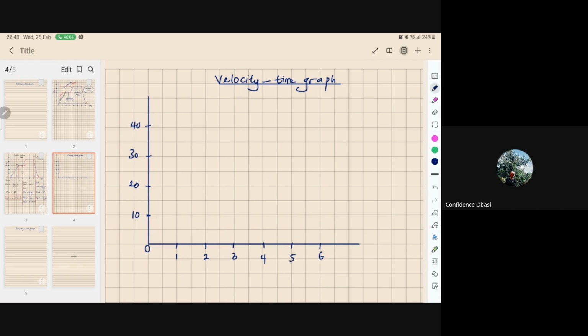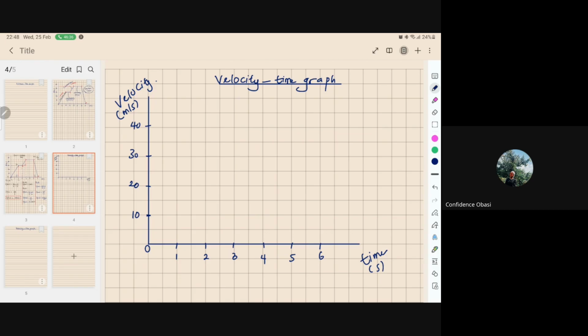Remember that for this one, you are plotting velocity against time. That's your velocity time graph, right? Let me write it as velocity, so we don't get things mixed up. So here is your velocity, which is meter per second. Here is time, which can be second and the rest of them.